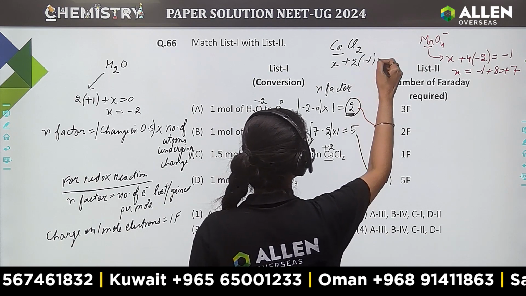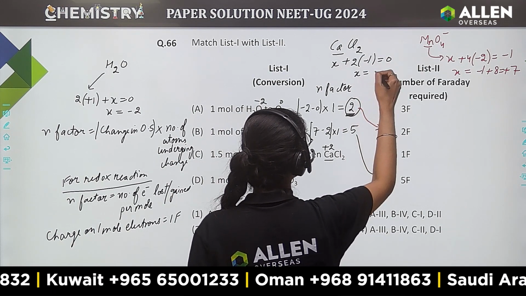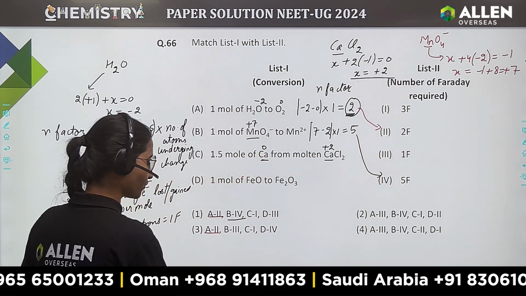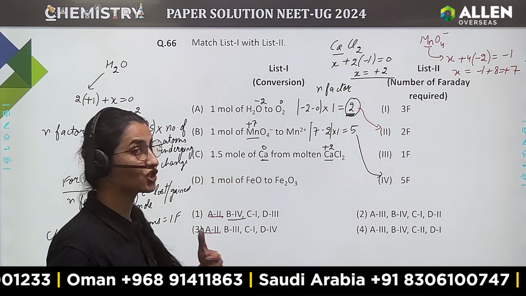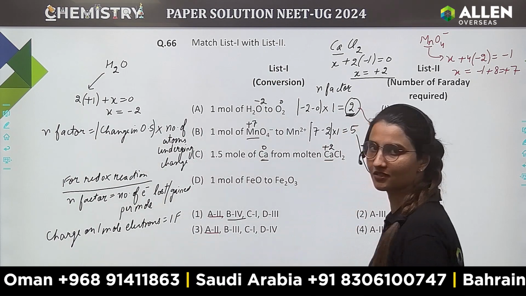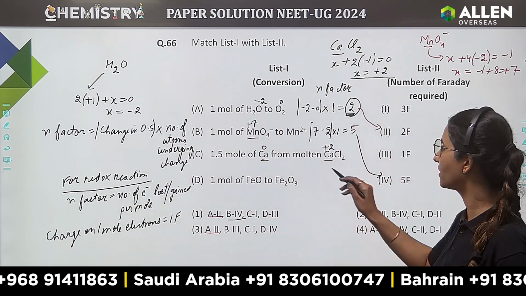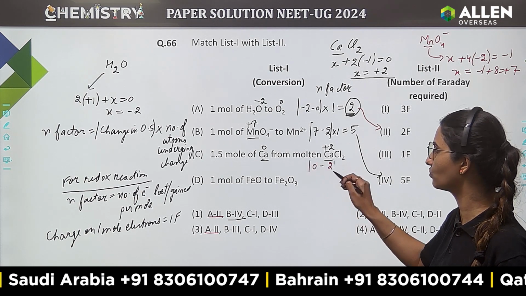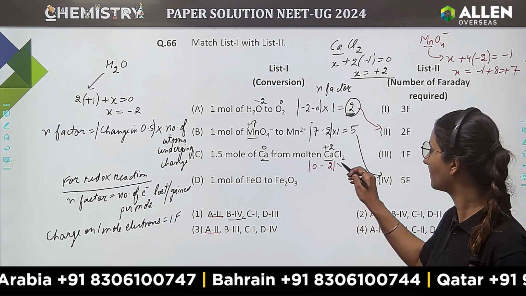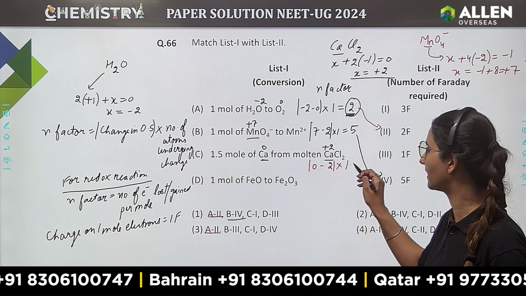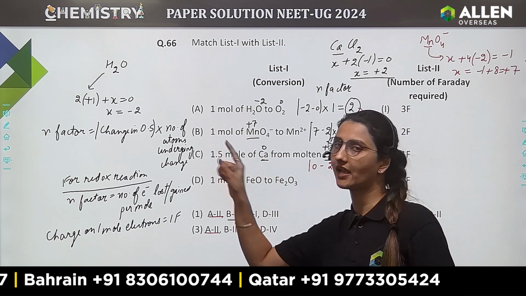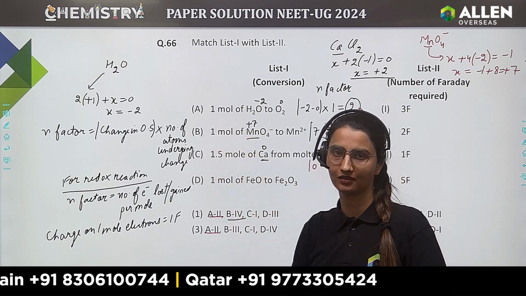Charge on Cl is -1. So X is +2. So dear students, when I am finding the change, what is the change? Change is 0 going to 2, mod of 0 minus 2, into how many atoms? Atom is 1 only. N factor is 2. It was easy in A and B because there was just 1 mole.